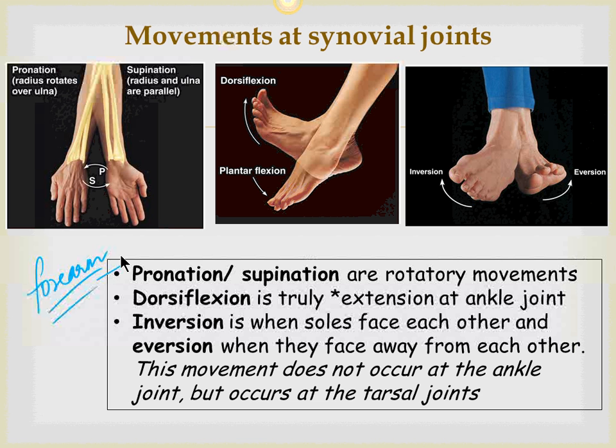But at the ankle, we do not use the words flexion and extension. Instead, we change it a little bit. We call it dorsiflexion and plantar flexion. And one way you're going to remember it, because this will help you when you do muscles, is that dorsiflexion is truly extension at the ankle joint.